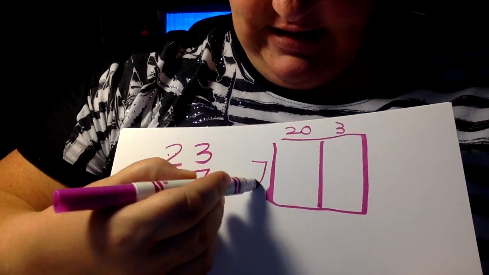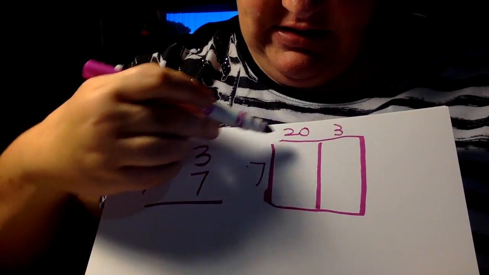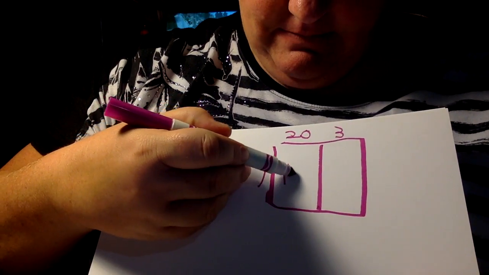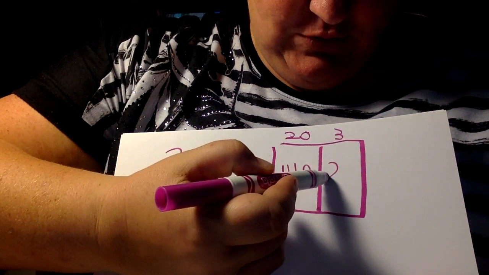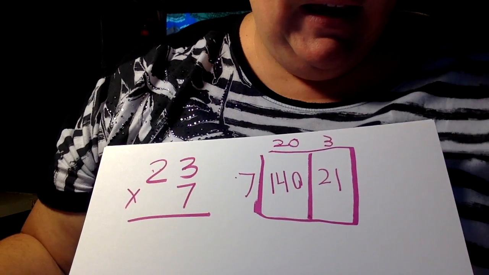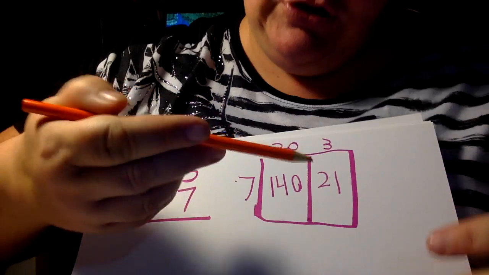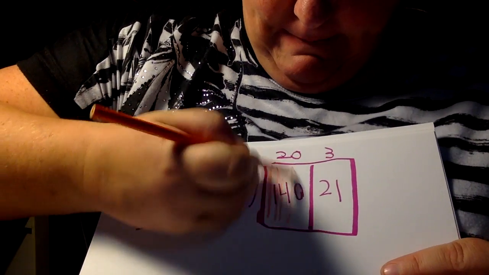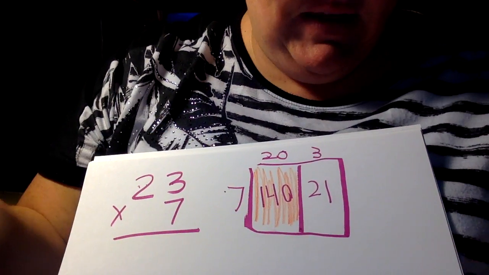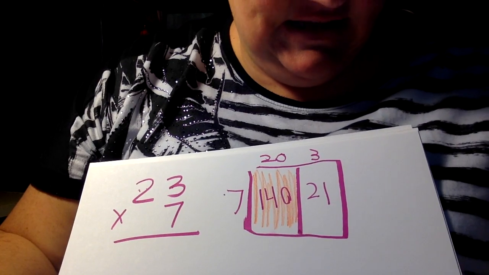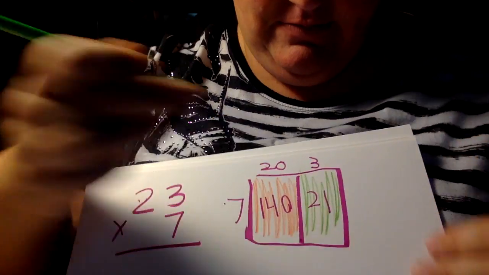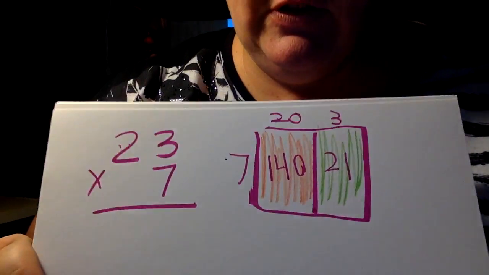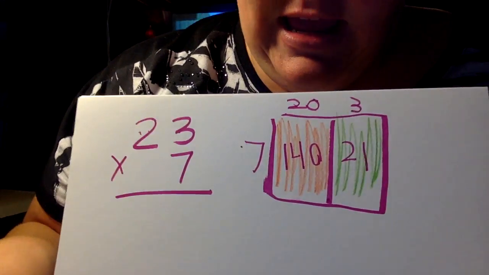And then just a 7. 7 times 2 is 14, and then I add my 0. 7 times 3 is 21. And so I might take my orange crayon and shade this in. Those are my 10s. And then I might shade in my 1s here to make it colorful in my notebook.